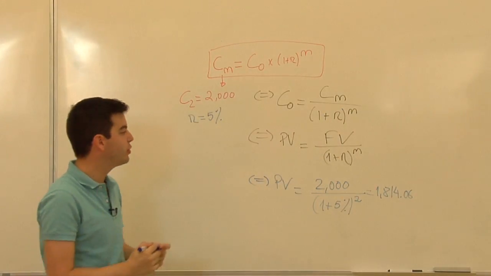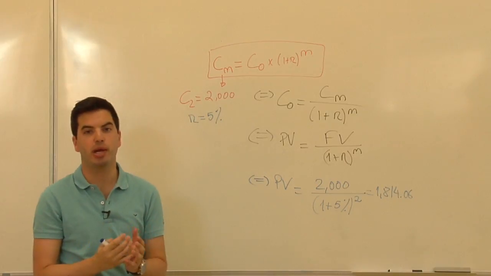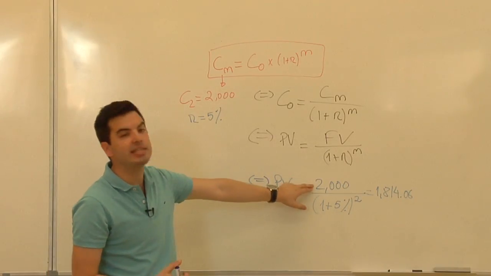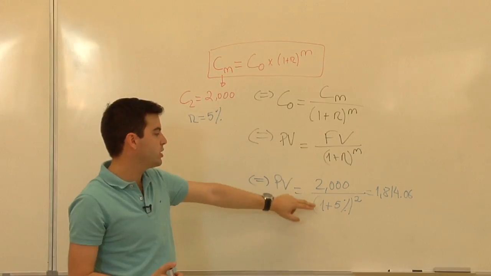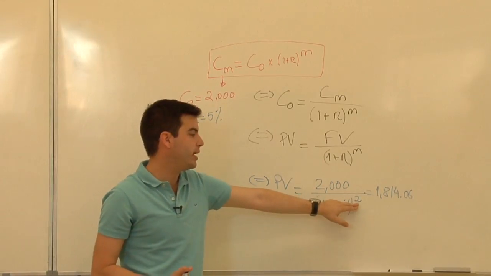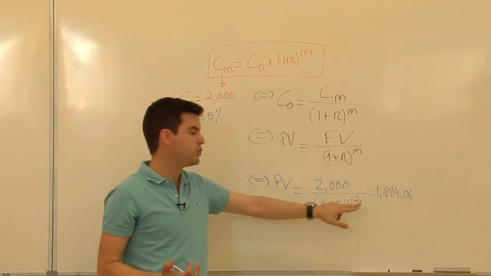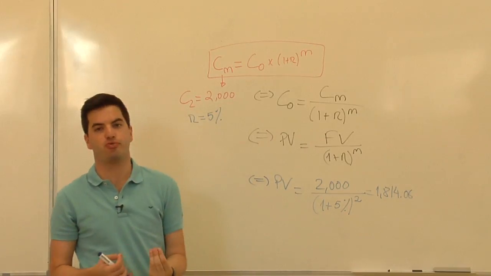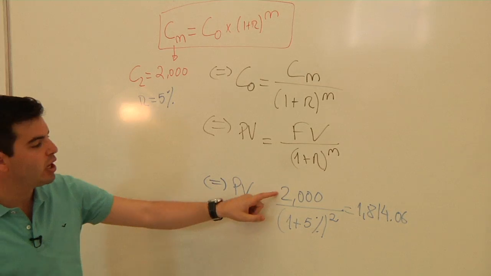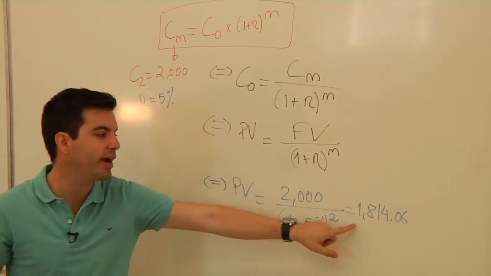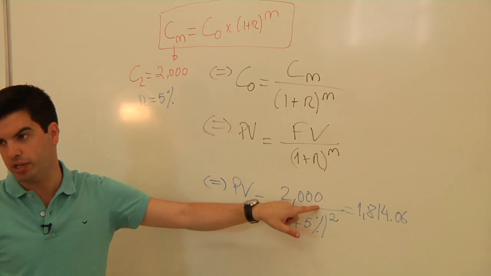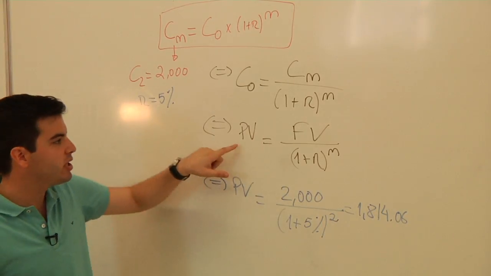So if you want to have 2,000 in 2 years' time, what you have to do is discounting this amount with the interest rate and the number of periods. So this interest rate becomes the discount rate. This is the rate you use to discount this cash flow and find out the present value of these 2,000. So the formula is this one.